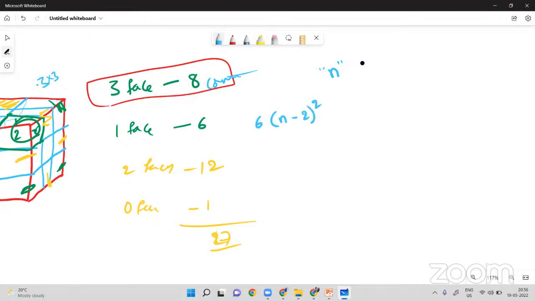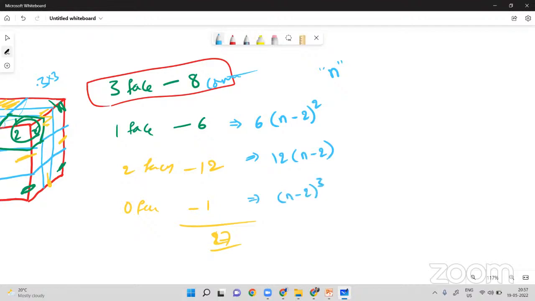Remember, this is a formula you should remember. Two face colored are always 12 times (n minus 2), and zero face colored are always (n minus 2) cubed.